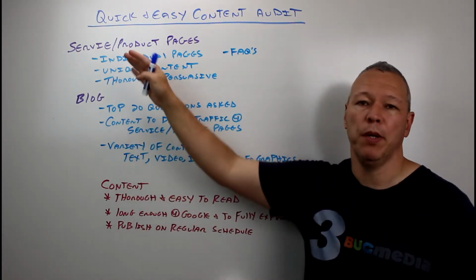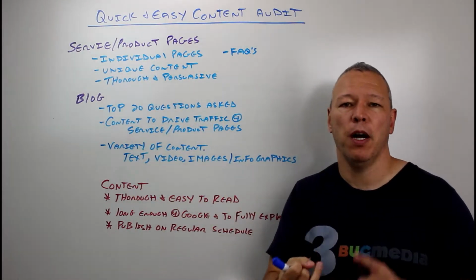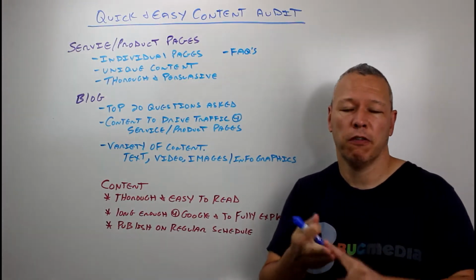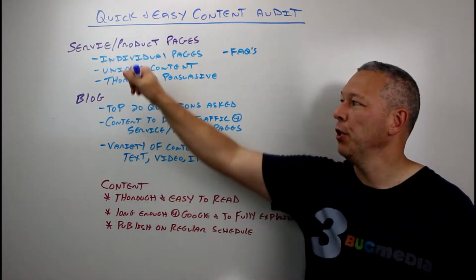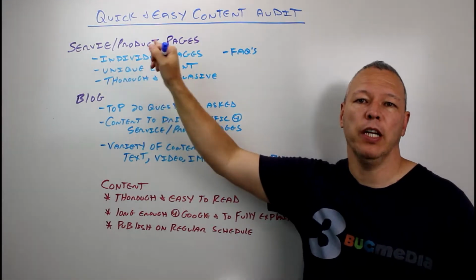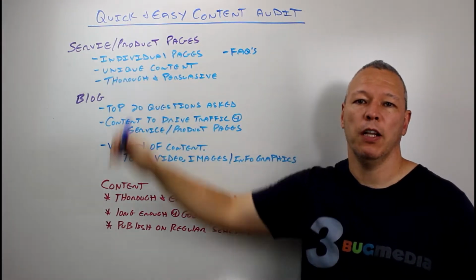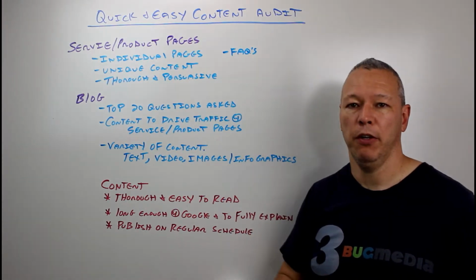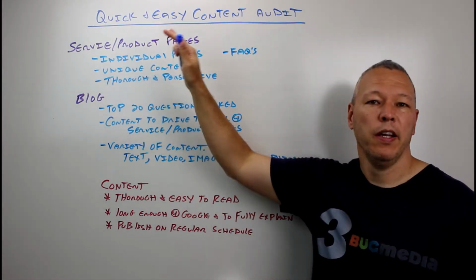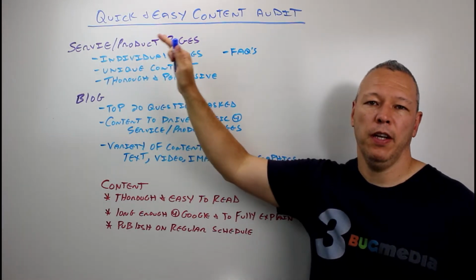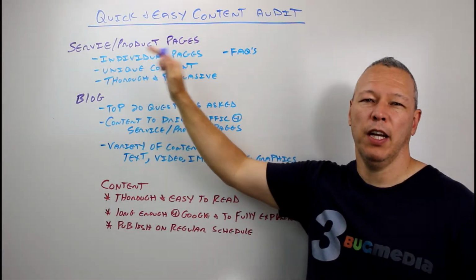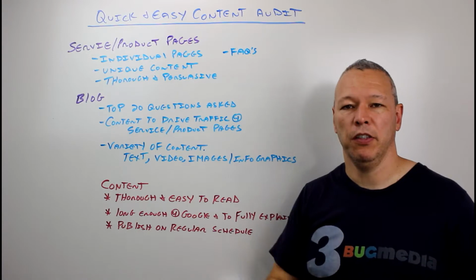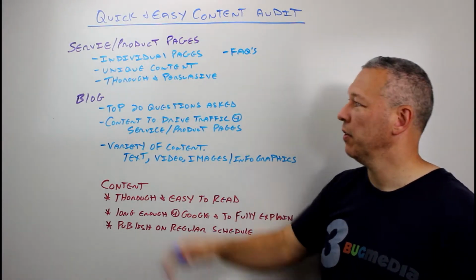If you're a mortgage company targeting first-time home buyers, seniors, or reverse mortgages, make sure you have an individual page for each one that talks specifically about that type of product you're offering. That's the only way you're really going to get your page found in Google, and that's your best opportunity to convert a visitor into a lead for your business.